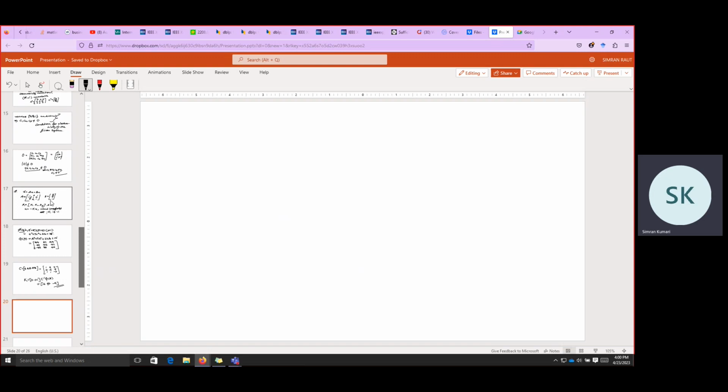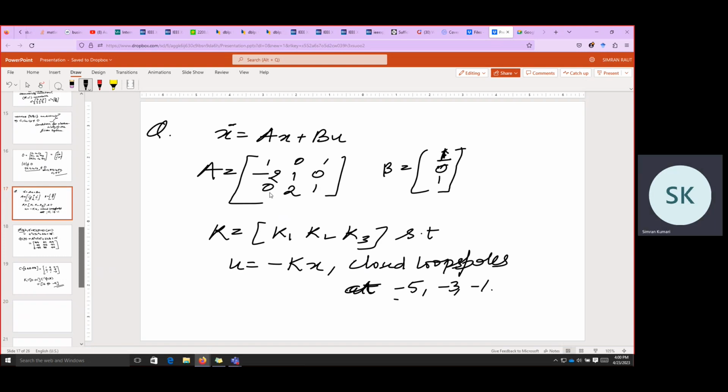And then another way is that we just transform the system into controllable canonical form and try to find out what is the K matrix.